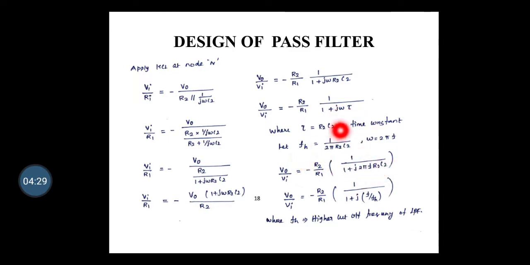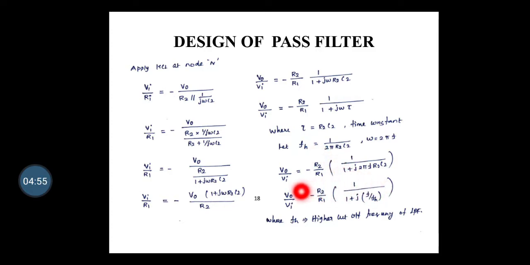But our relation 1 by 2 pi RC is nothing but our cutoff frequency FH. So, we are going to put FH. So, minus R2 by R1, 1 by 1 plus j F, but FH is equal to 1 by 2 pi RC, so here FH will be in reciprocal, that is F by FH.